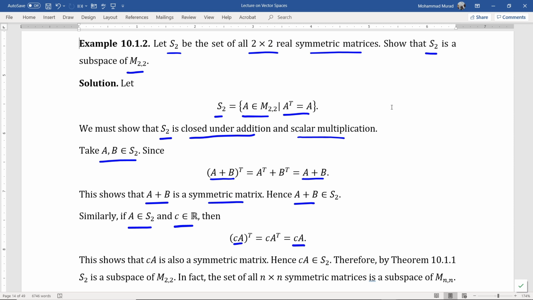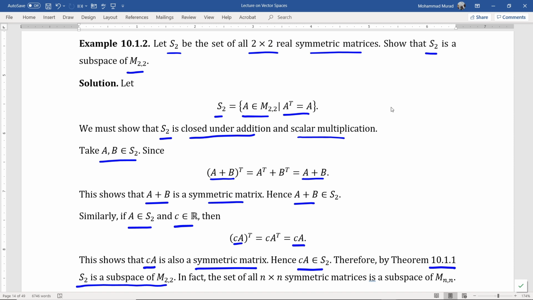Hence, CA is also a symmetric matrix whenever A is symmetric. Hence, CA belongs to the set S sub 2. Therefore, by theorem 10.1.1, namely the test for subspace, we claim that S sub 2 is a subspace of M sub 2,2.